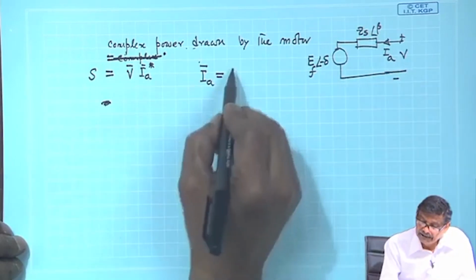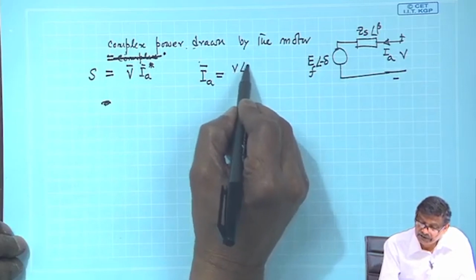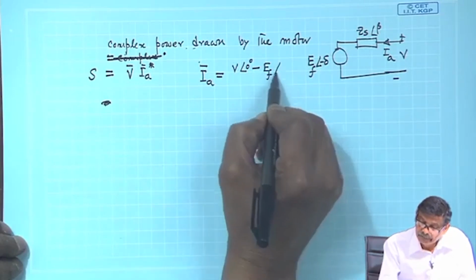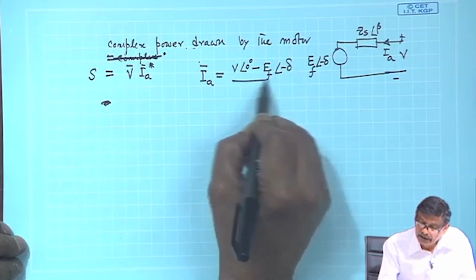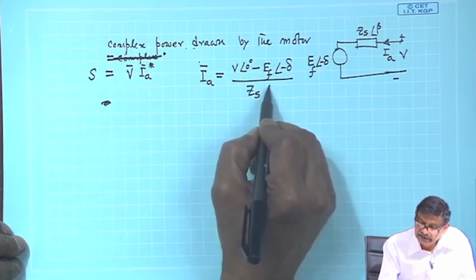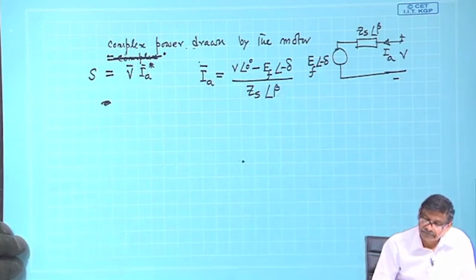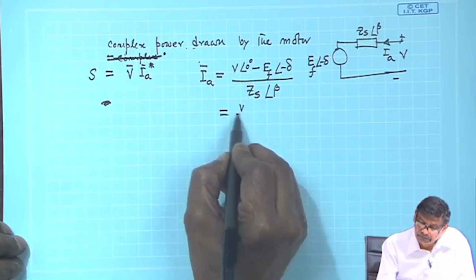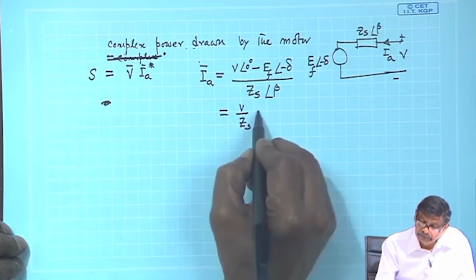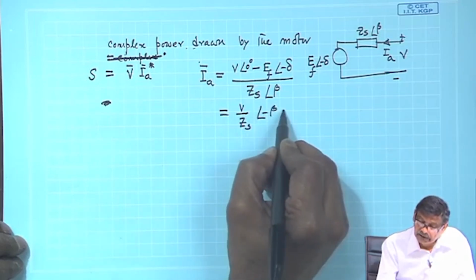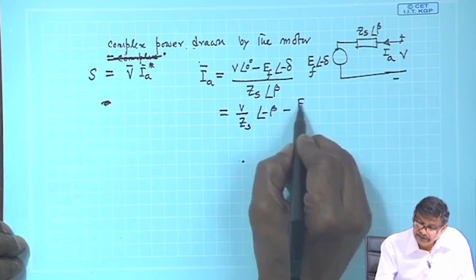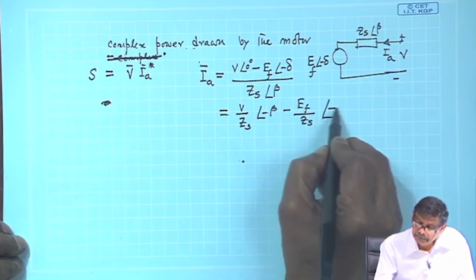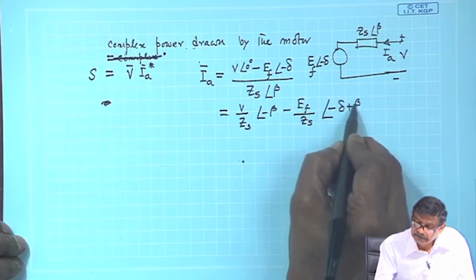This time I A is V angle 0 degree minus E f angle minus delta, divided by Z s angle beta. And this will be equal to V by Z s angle minus beta, minus E f by Z s angle minus delta plus beta.